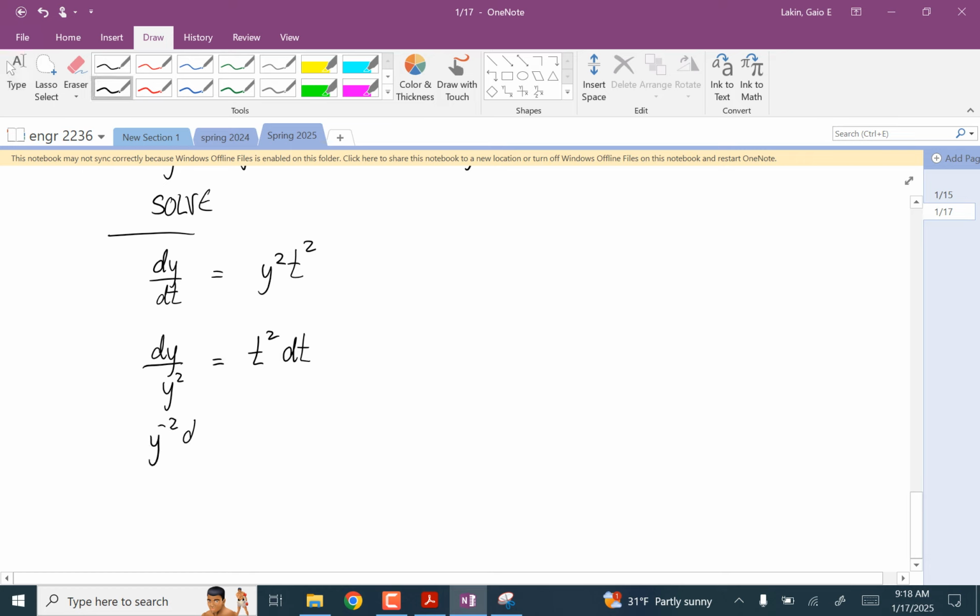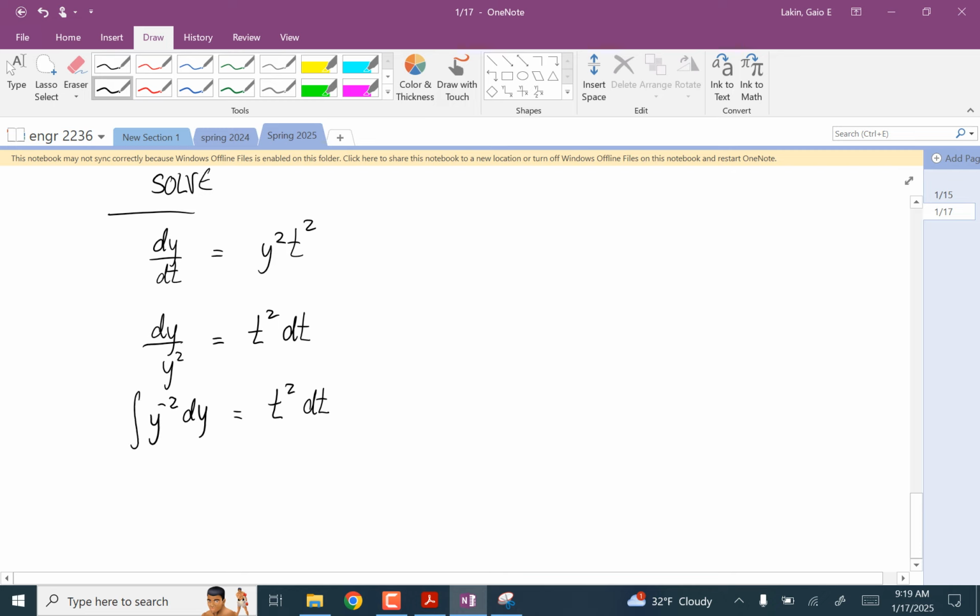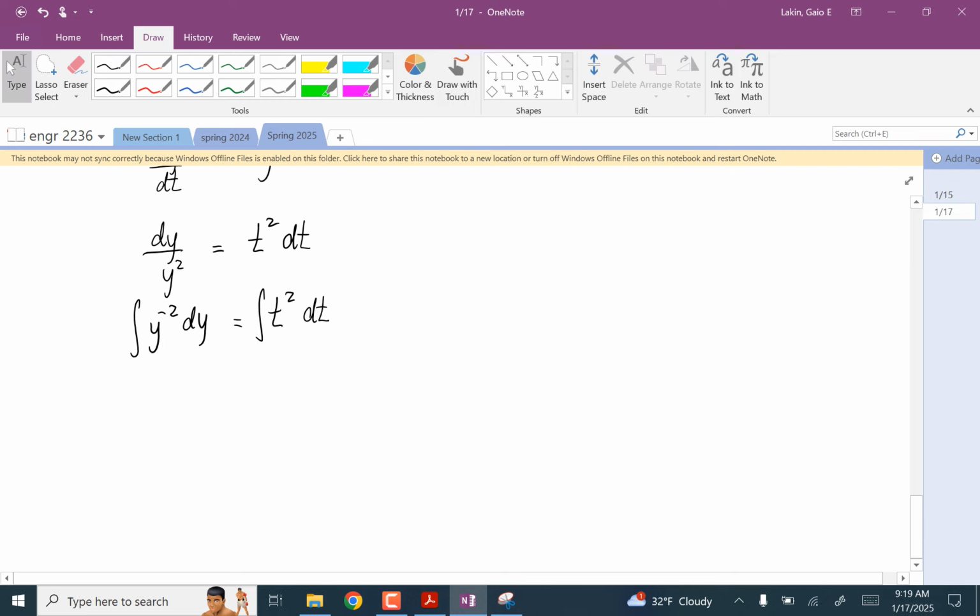So that's y to the negative 2 dy is equal to t squared dt. And now the only obstacle is whether you're capable of integrating this or not. In this case, it's easy to integrate. So this is negative y to the negative 1 is equal to t cubed over 3 plus c. You can put that constant on whatever side you want, but we get one constant of integration for that one integration of both sides that we did.